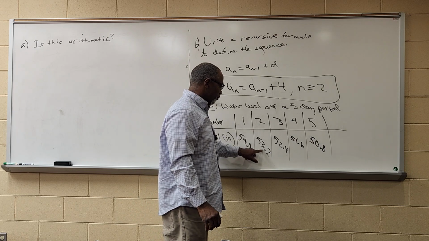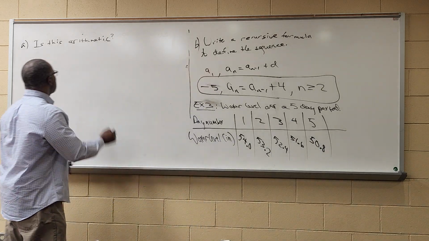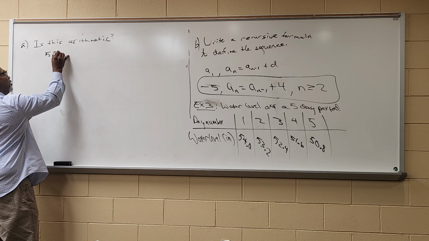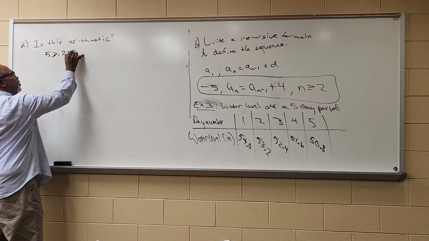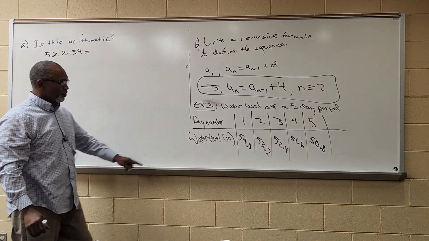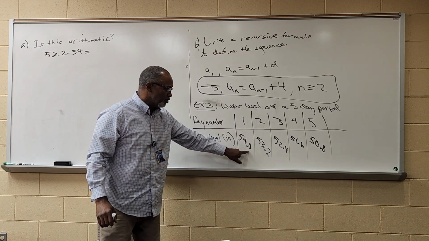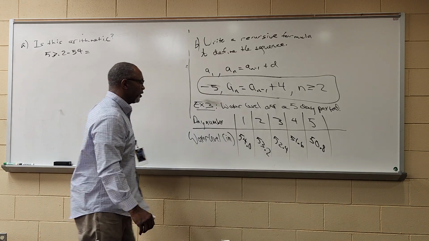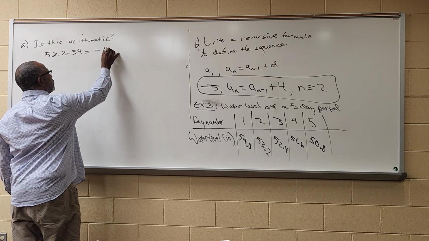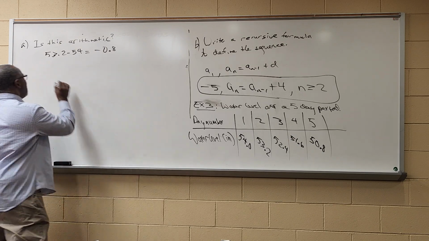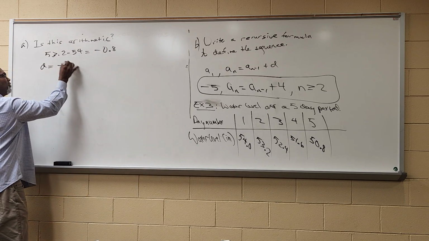Let's just do the first one. Day 2 minus day 1: 53.2 minus 54. That's negative 0.8. So D, if this is arithmetic, is negative 0.8.